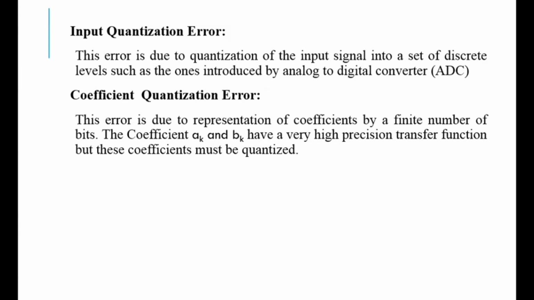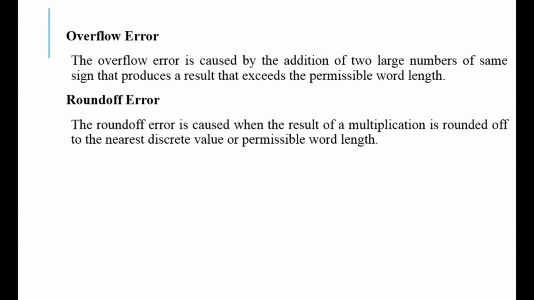Next one is coefficient quantization error. This error is due to the representation of the coefficients by a finite number of bits. The coefficients a_k and b_k have a very high precision transfer function, but these coefficients must be quantized. Next one is overflow error.